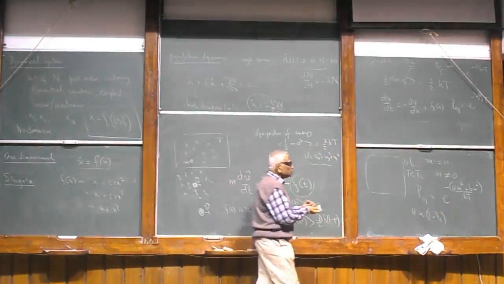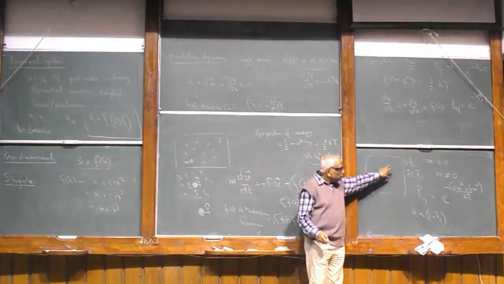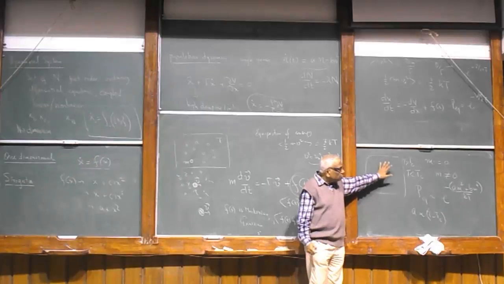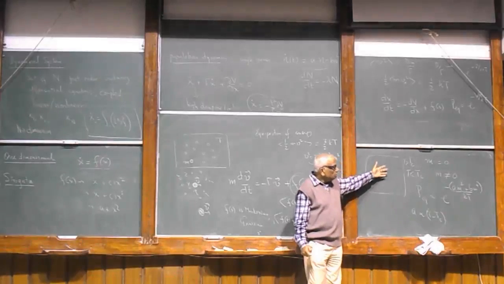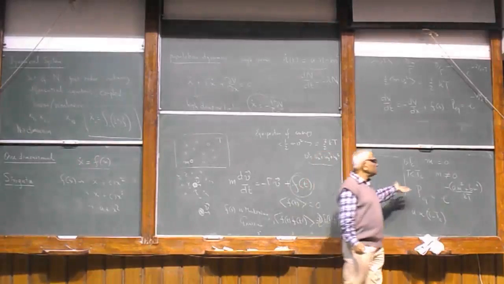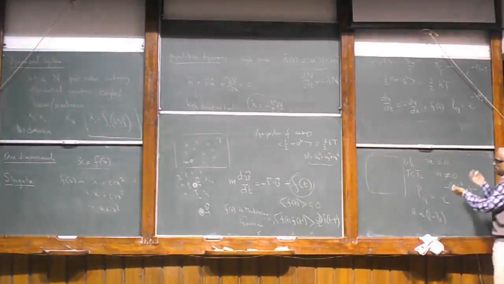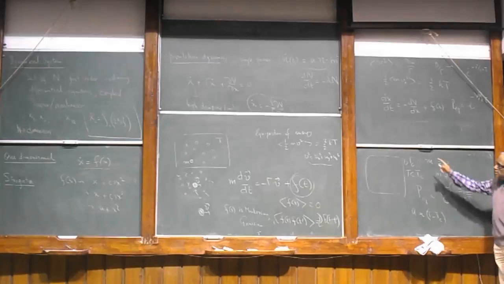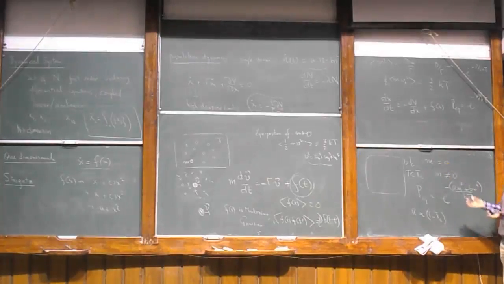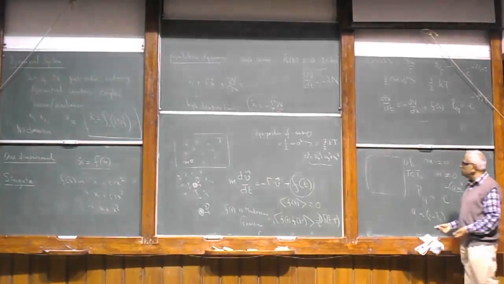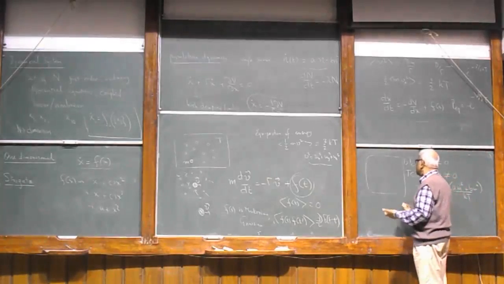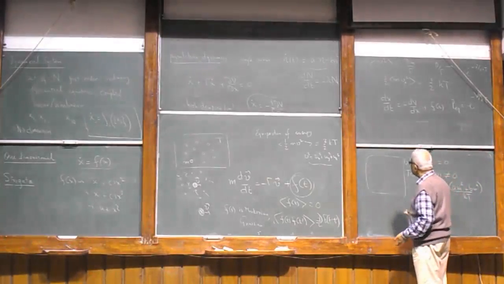So here is a first pass description of magnetism. What's one of the interesting characteristics of a magnetic system?